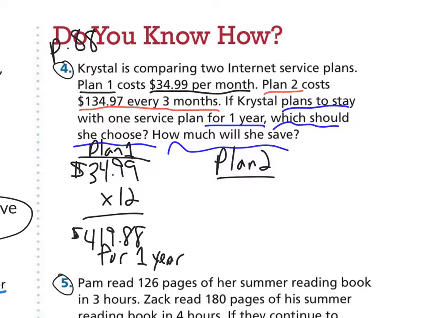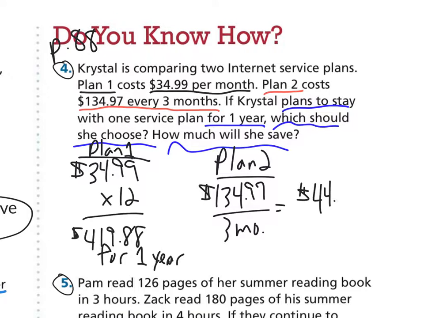So plan 2, they're giving us the price for 3 months. So one option would be to find the cost for 1 month. So if we do $134.97 divided by 3 is $44.99 per month.